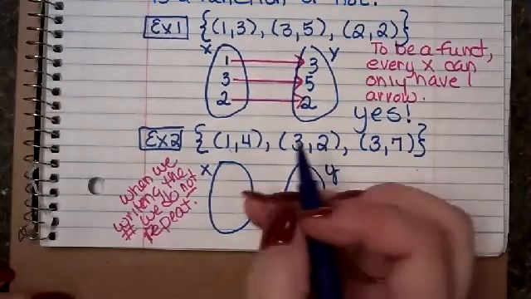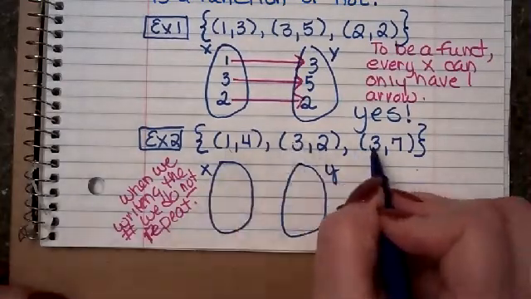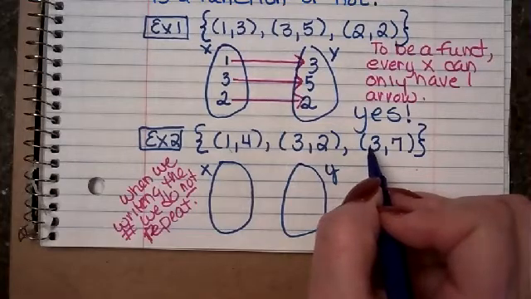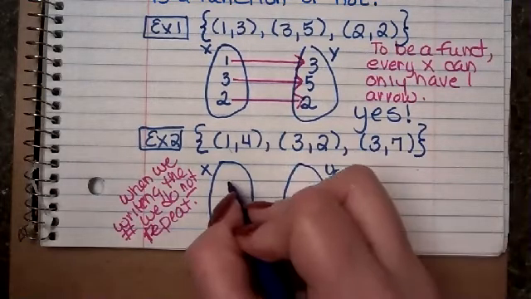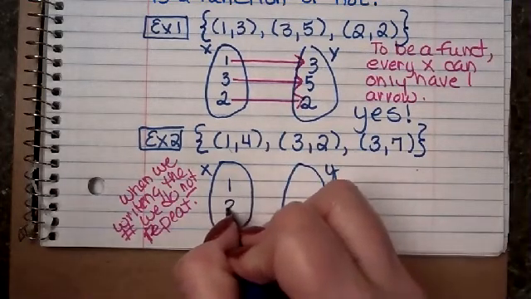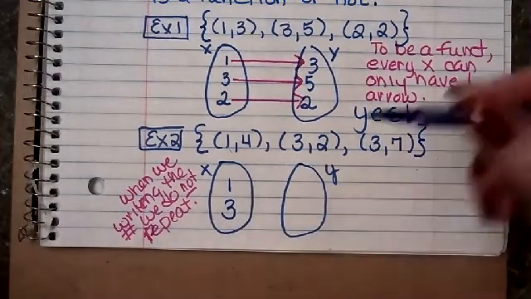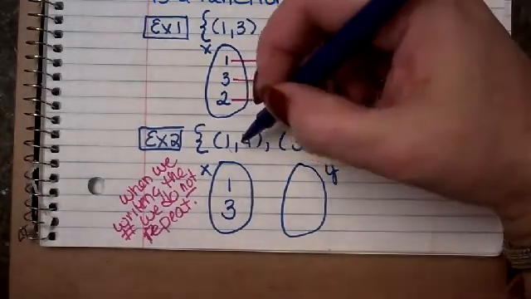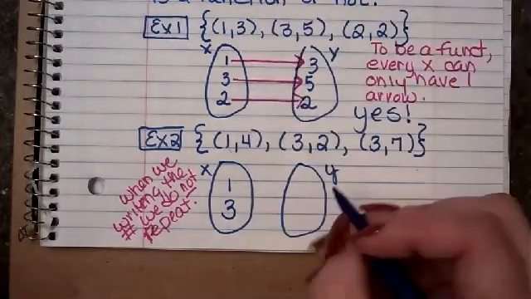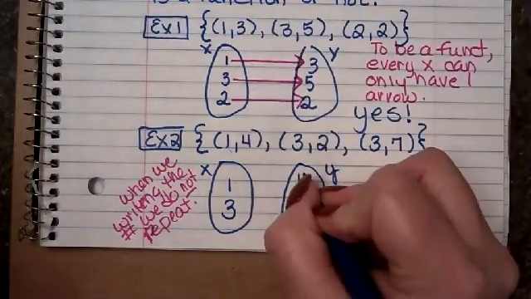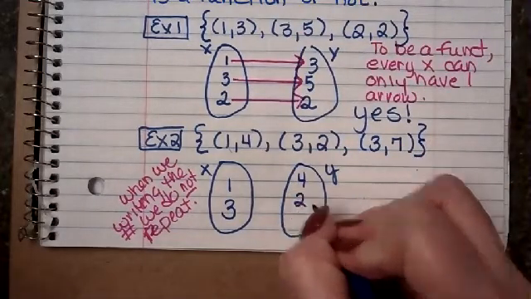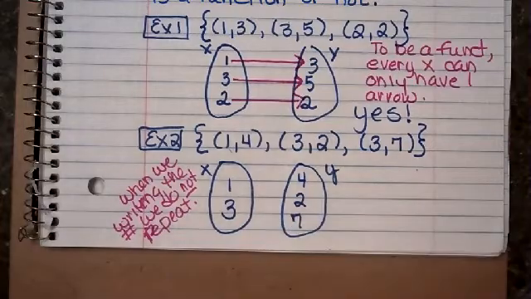Okay, so if I look right here, I've got 1, 3, and 3. I'm only going to write that 3 one time. So I've got 1 and 3. Now over here in the Y, I've got a 4, a 2, and a 7. They don't repeat, so I'm going to write each one: 4, 2, and 7.